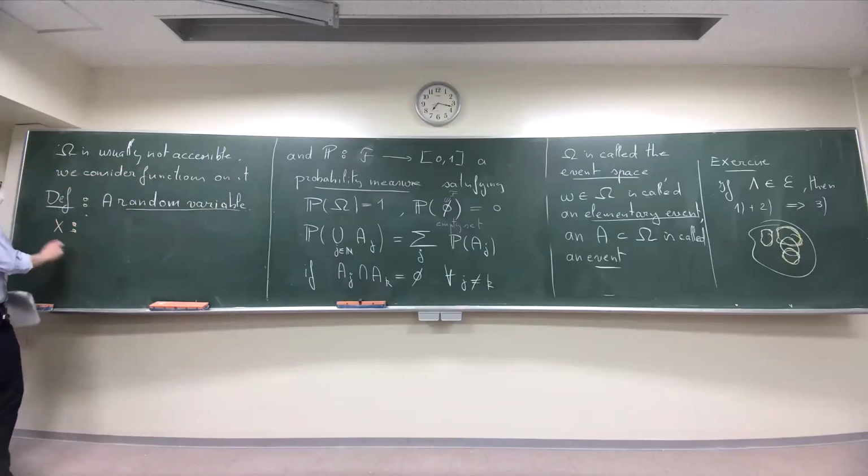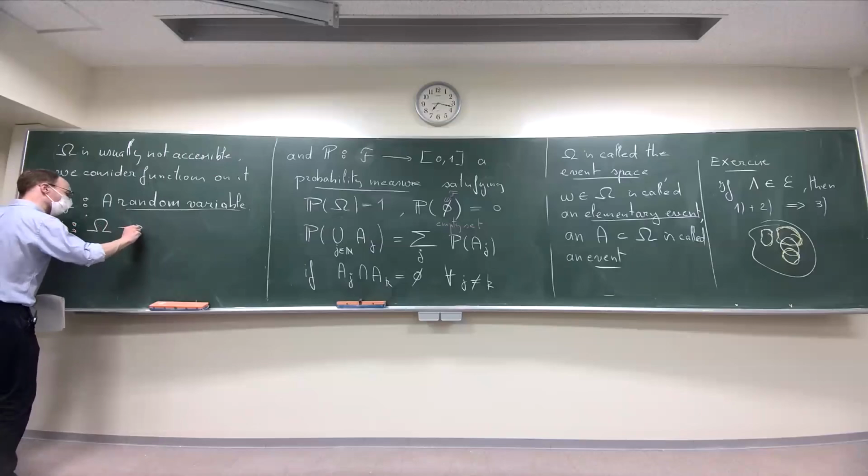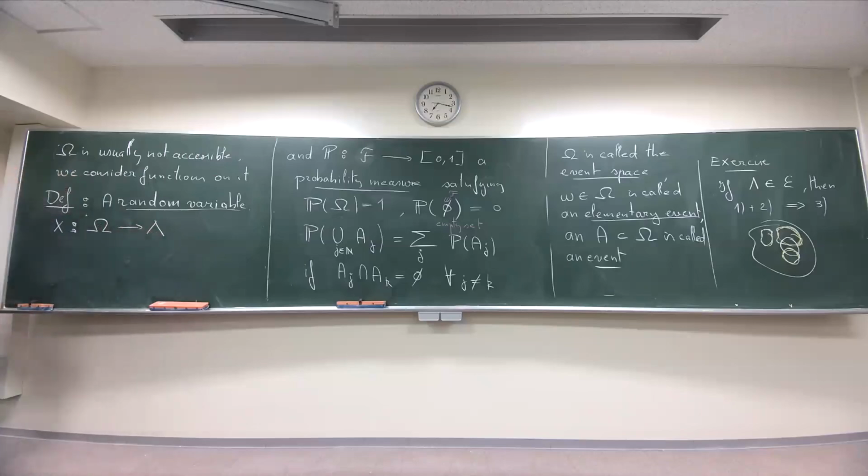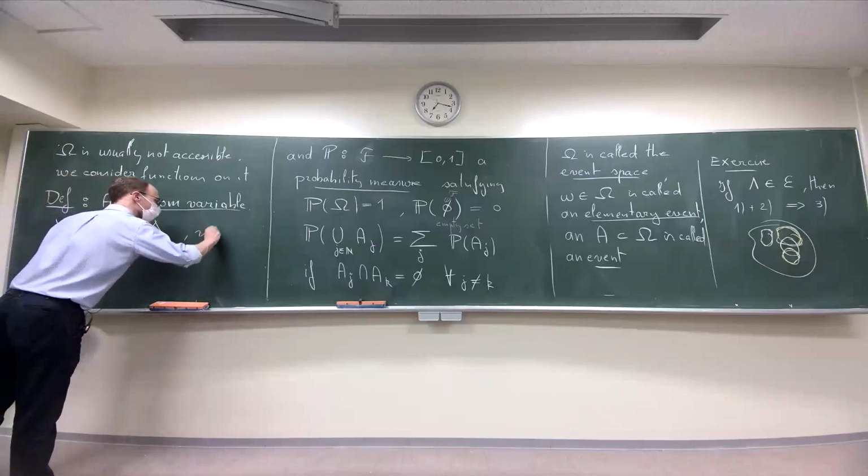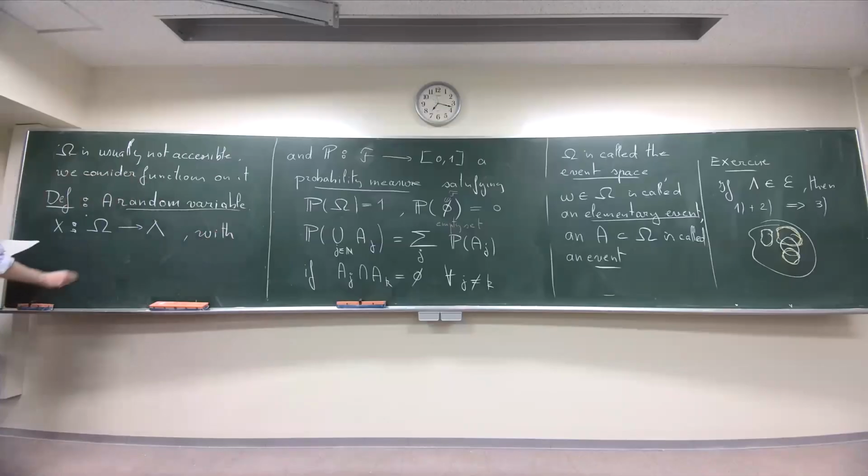It's going to be a function from omega to a set lambda, but I haven't introduced these two, so I'm going in this sentence. It's a function from omega to a capital lambda. So this omega is part of this probability space.